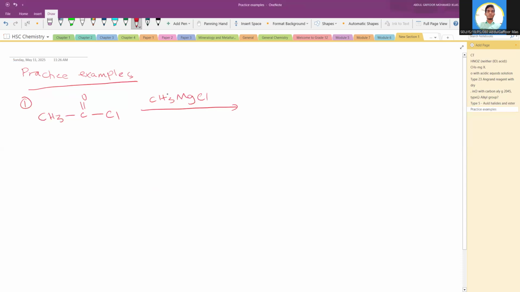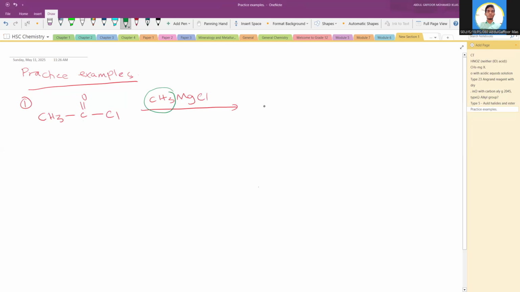Simply you have to remember this CH3 from the Grignard reagent. If you have used acid halide or ester, the R group from the Grignard reagent will come and join with the carbon in the acid halide or ester twice, right? So simply you have to think, this CH3 will come and join with this carbon twice.